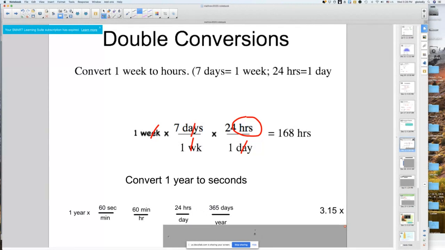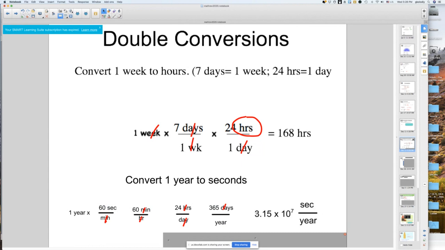You notice that this will cancel that, this will cancel that, this will cancel that. And so what's left? On top, you'll have some number of seconds, and in the bottom, you'll have 1 year. Multiply 60 by 60 by 24 by 365, and you get 3.15 times 10 to the 7 seconds per year.